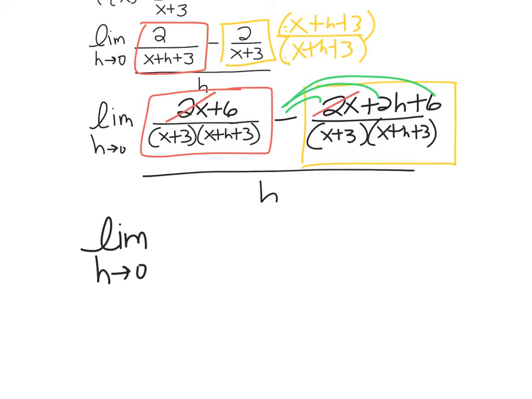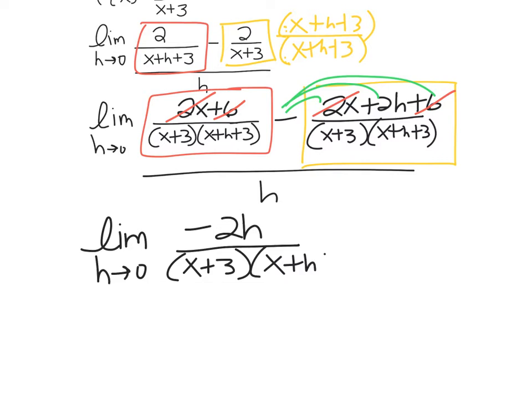I also have a 6 minus a 6. Those are also going to cancel out. What am I left with? A negative 2h. Good, I heard that. Someone even said negative 2h. I'm left with a negative 2h over x plus 3, x plus h plus 3. And all of this is over h. But instead of dividing by h, you know what I'm going to do?